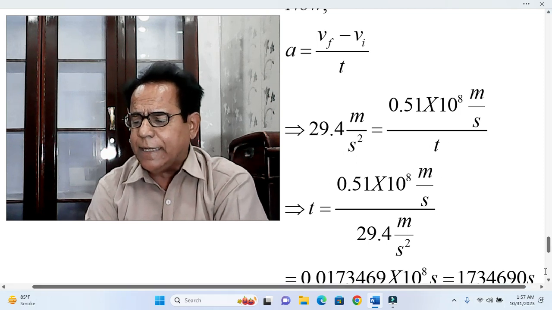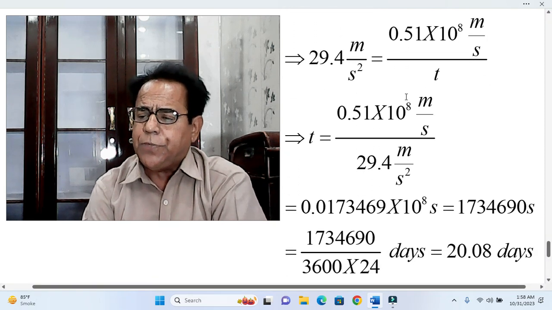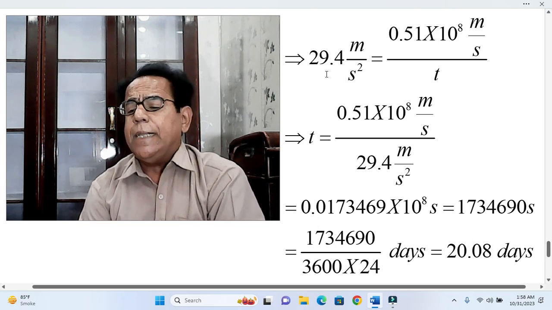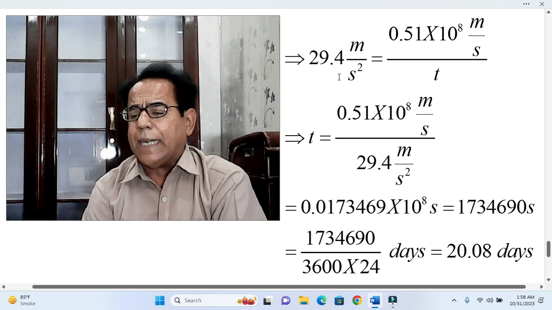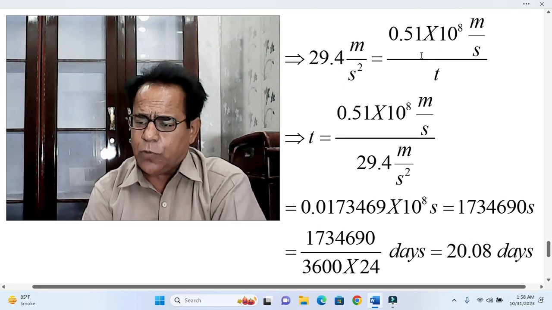It is not disturbed yet because we have to find out this value t. Okay, this implies that t will be shifted to the other side of equality and it will become the numerator, while this value of acceleration, that is 29.4 meter per second square, will be shifted to the other side of equality and it will become the denominator.